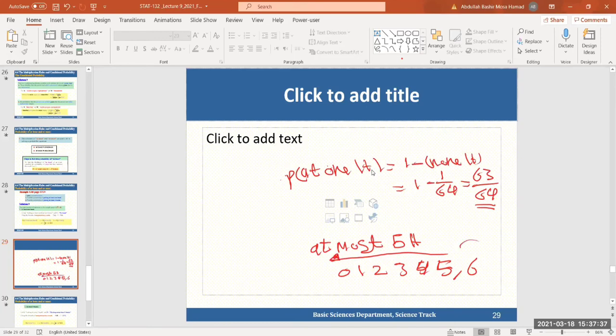So the complement is this, the probability of all 6 heads. Same idea. How to get at most 5? 1 minus what? The complement, 6. Yes, 1 minus P of 6, which is 1 minus 1 over 64. It's the same as 63 over 64. So this is the idea. We use the idea of the complement.